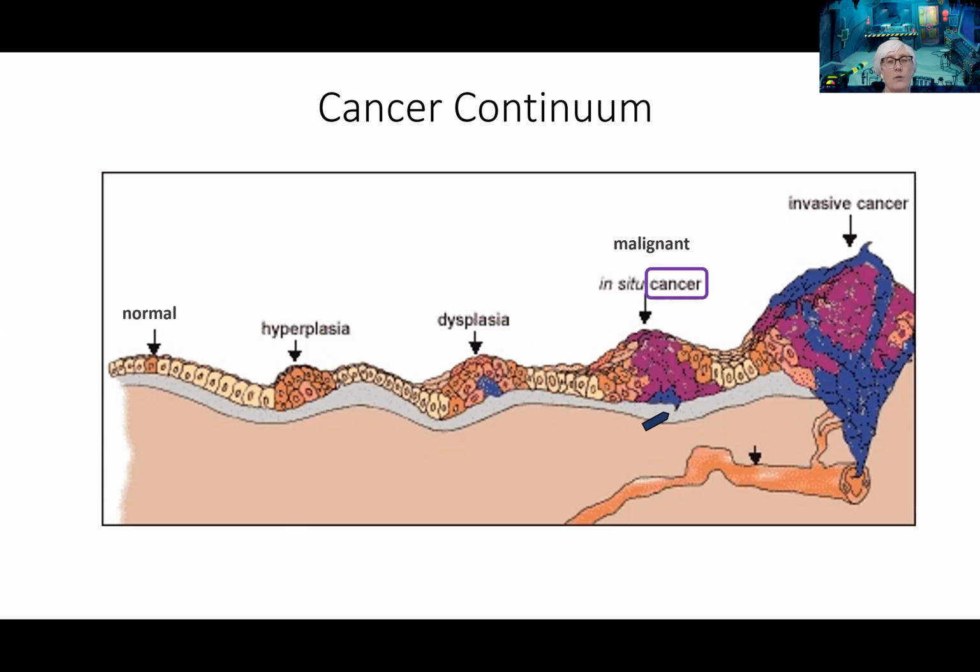So this is a micrograph showing you the breach, if you will, of that basement membrane. The basement membrane is stained in a dark brown, and so on the right-hand side of this image, we see a very clear dark brown line that represents the basement membrane. But on the left-hand side of this image, we see the absence of that dark brown line.